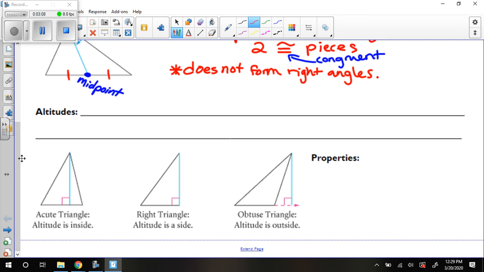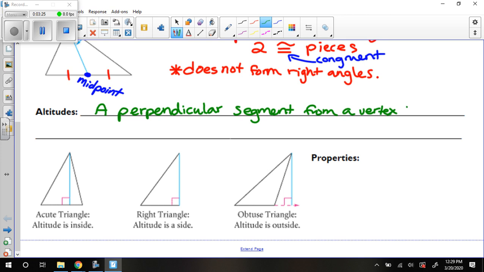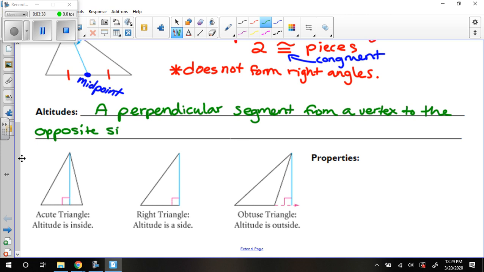Altitudes, however, altitudes is a perpendicular segment from a vertex to the opposite side or a line containing the opposite side.